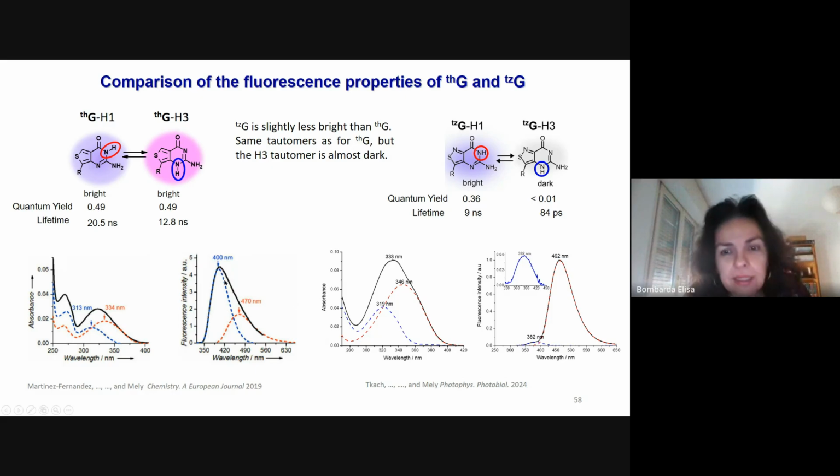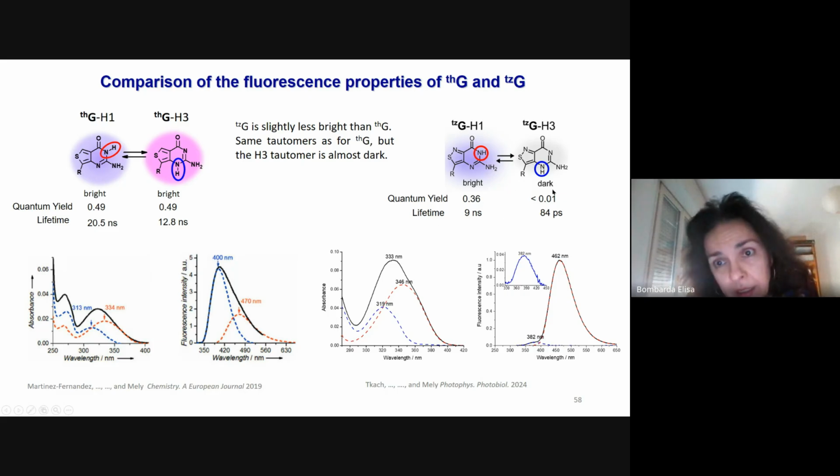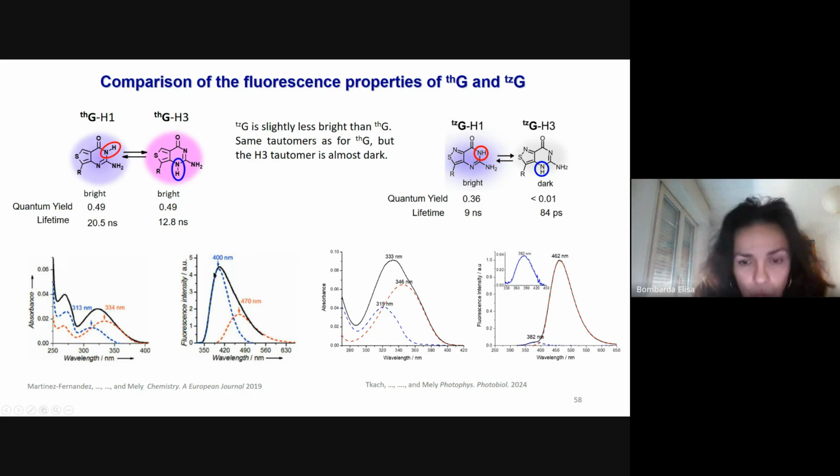In particular, in TAG, both tautomers were equally bright, with the same quantum yield, and instead in TCG, the H1 tautomer is less bright, but it is the only one that is bright, because the H3 is practically dark with a very short lifetime.